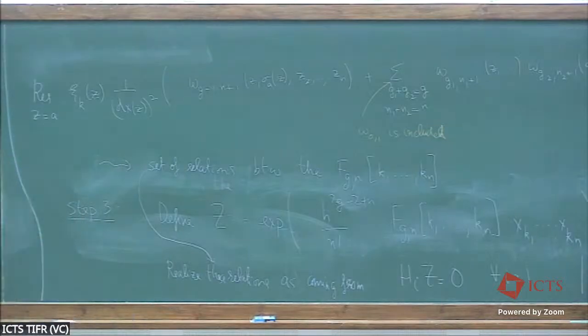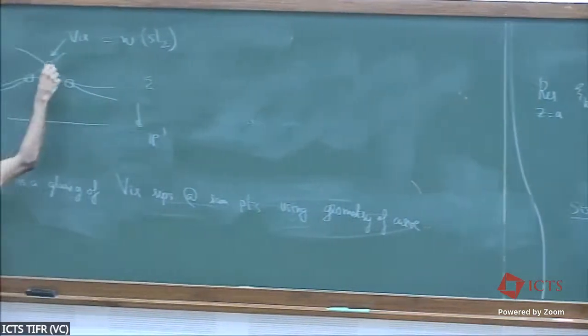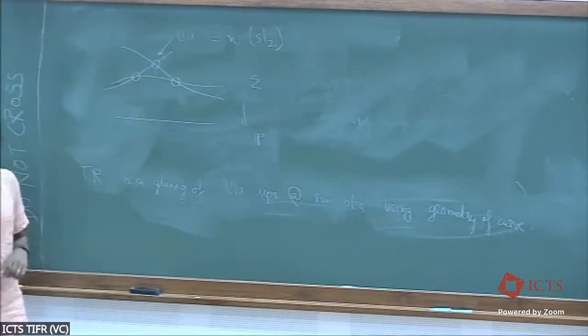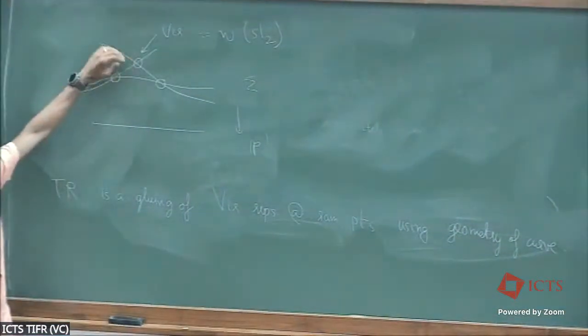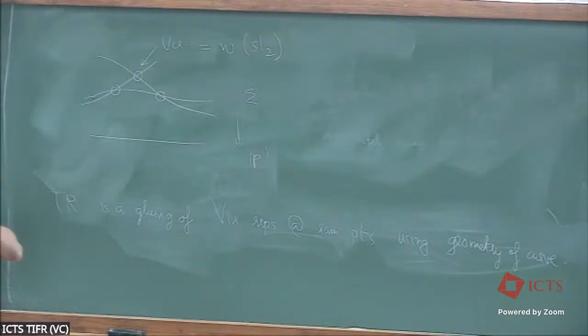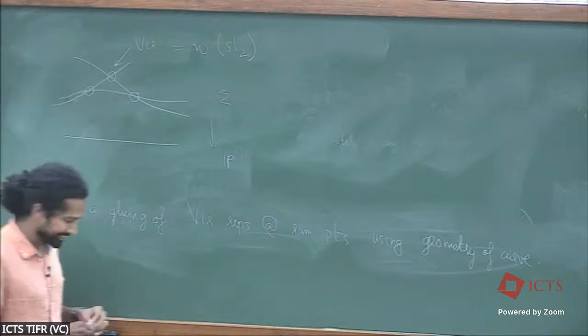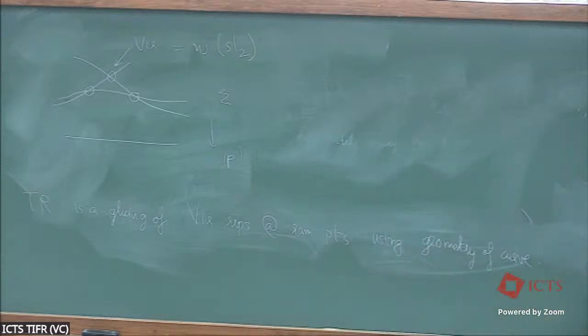So Virasoro, let me just say this, you can think of as a W algebra of SL2. Where the SL2 appears is in the fact that it's simple ramification, so there are two sheets meeting together. If you had more sheets, say D of them, then you'd get the W algebra of SLD. So a lot of the story goes through as well, but I decided not to introduce it for the sake of not having to talk about what W algebras and vertex algebras are. The definition of a vertex algebra is like two pages long, so I'd rather not introduce that.